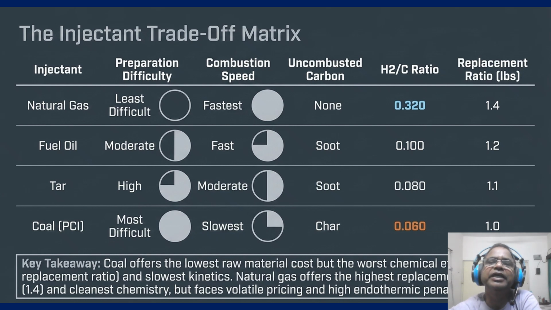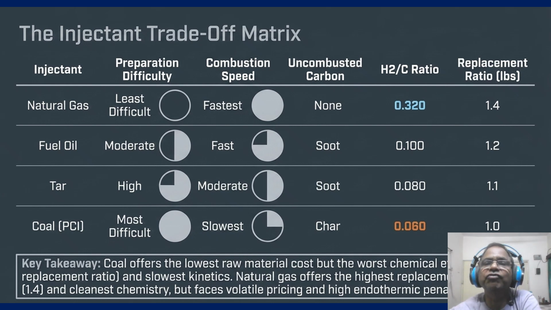Look at the H2 by C ratio column. Natural gas leads the pack at 0.32, while coal is a distant 0.06. Now correlate the replacement ratio. Natural gas yields 1.4 pound coke replacement, while coal only achieves 1.0.